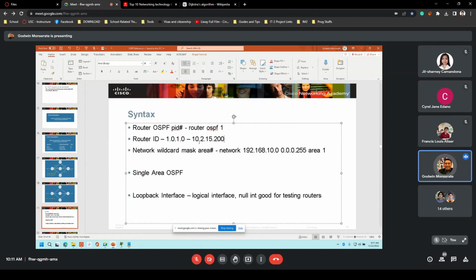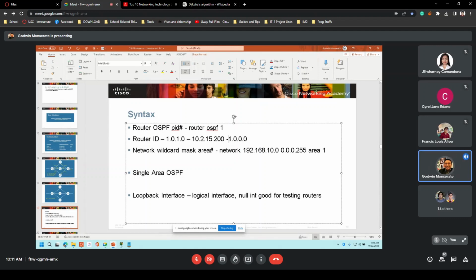Common sense, which of the two has the highest? Of course 10, because it is 10. So the router bearing the highest ID wins over all, even if it is called router 1 or even if it is your edge router. Since it bears the highest ID, it becomes the DR.